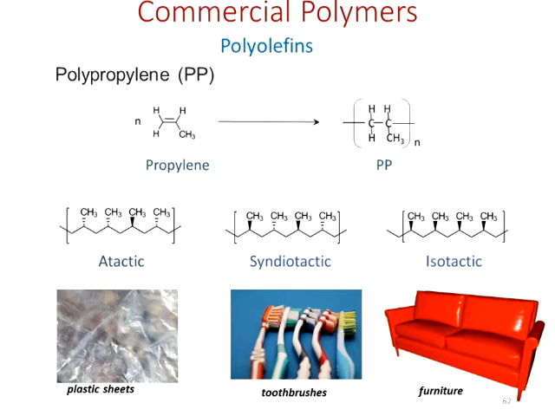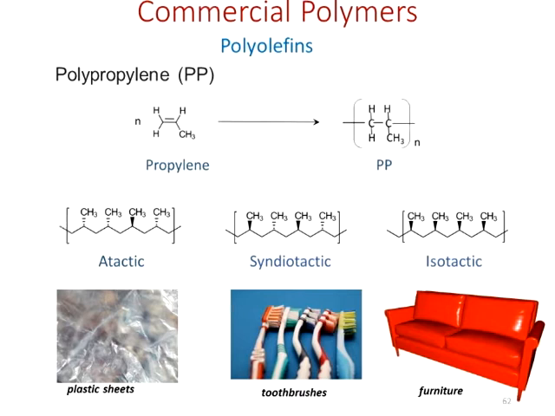So we kind of look at 3 different varieties, if you will, of the polypropylene. You have the plastic sheets, which is an atactic polymer. Atactic, we now know, means that there's a random distribution of the methyl groups. And this is usually your low-end types of applications, and plastic sheets is a big area where they're used.